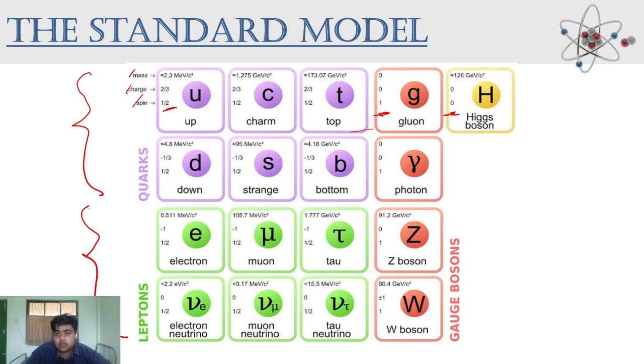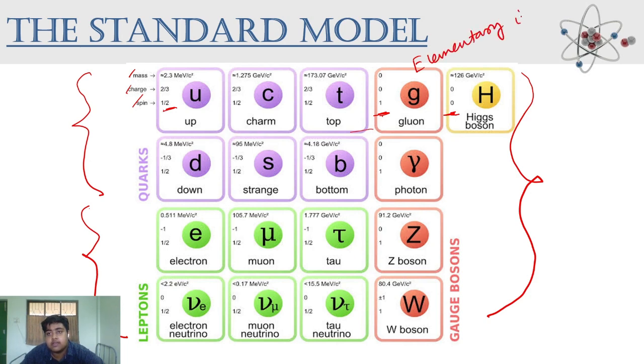And all of these are bosons. Now remember, all of these particles are elementary in nature, right? That means they cannot be broken down.